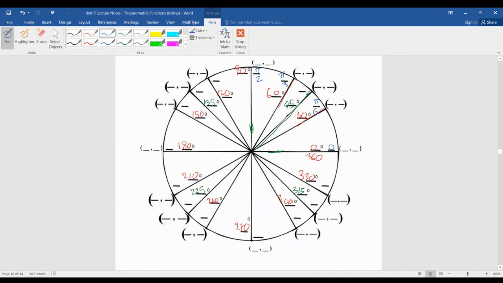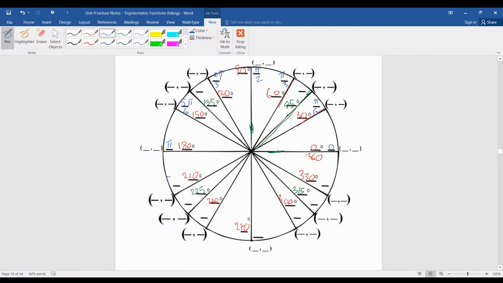So 1 pi over 6, 2 pi over 6, 3 pi over 6, 4 pi over 6, that's 2 pi over 3. When you simplify, 2 pi over 3. And so 4 pi over 6, 5 pi over 6. You can't simplify it. And then 6 pi over 6, which simplifies to simply pi.